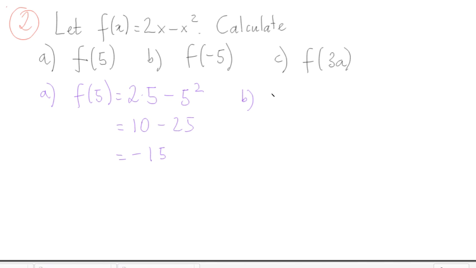How about f of minus 5? F of minus 5, same thing. 2 times minus 5 instead of x. Then minus, now I have to keep brackets here because I've got a negative number, minus 5 all squared. 2 lots of minus 5 is minus 10, minus 5 times minus 5, which is plus 25.